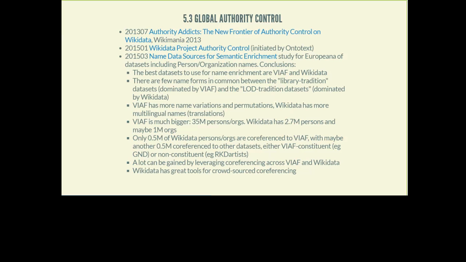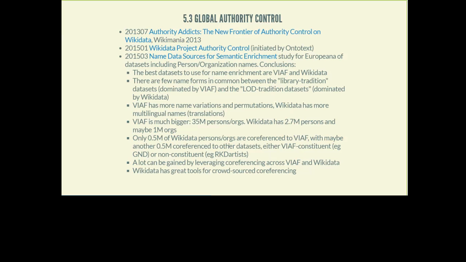I did a technical report or deliverable for Europeana called Name Sources for Semantic Enrichment, and I looked at 7 different data sets, and I found that they are dominated by VIAF and Wikidata. Some of the data sets come from the library tradition, and most of them are aggregated in VIAF. And others come from the linked open data tradition, and they're dominated by Wikidata. The size comparison in the previous slide, I also described there.